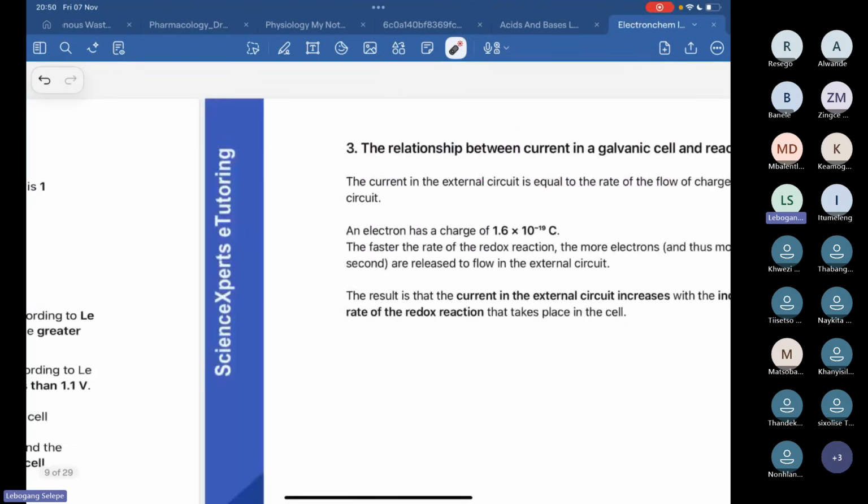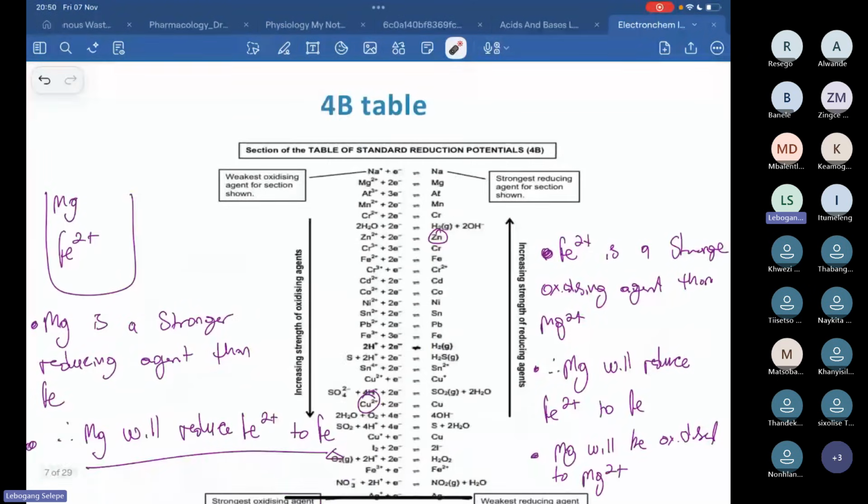Because copper is a stronger oxidizing agent than Zn2 plus, it simply means that copper is below Zn2 plus, therefore Cu2 plus is below Zn. Therefore, Zn is able to donate its electrons to copper. So Zn will do what?